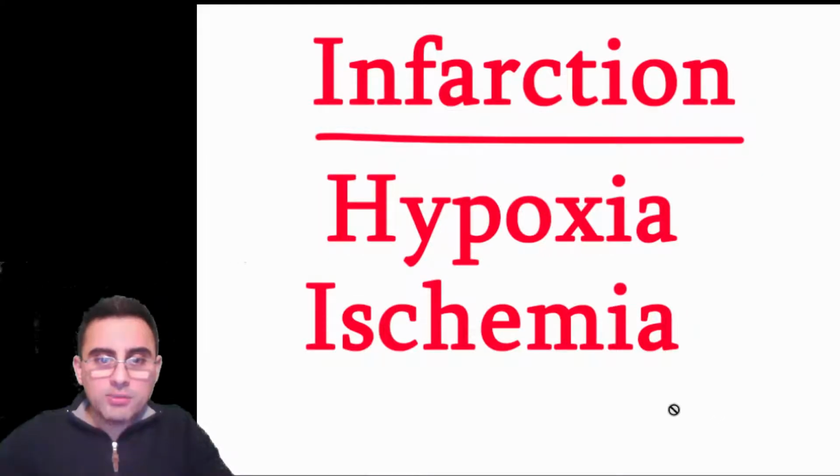Which organs are the most common sites of infarction? The most common sites are organs whose tissue cannot survive a long time without blood supply and without oxygen.